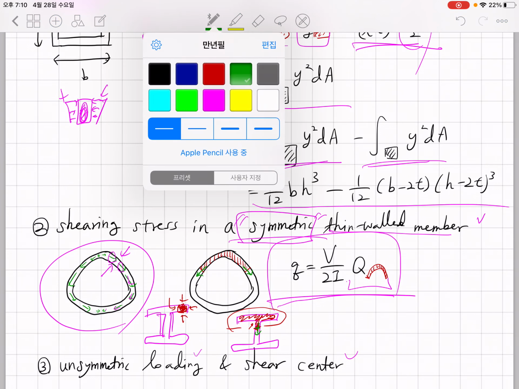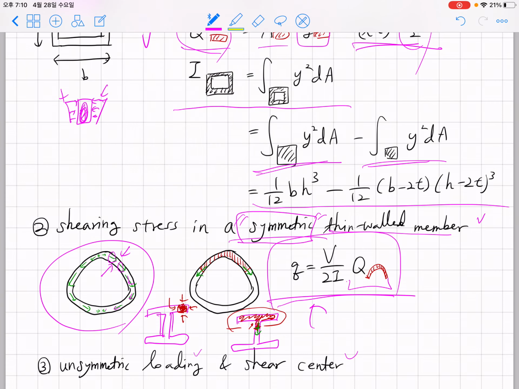Okay, so if you follow this rule of thumb, you'll be able to find the shearing stress distribution really easily based on our expression for Q.